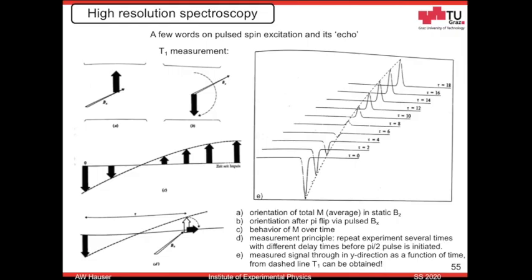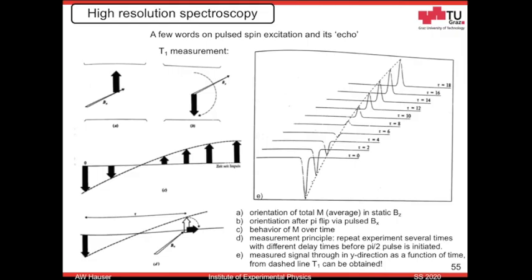positive Z. Now comes our BX pulse, and for the T1 measurement we do something different. We start with a pi pulse, so we turn the vector by 180 degrees. Okay, so this is what you see in situation B. And now in C you can see the time evolution of the magnetic moment on average.